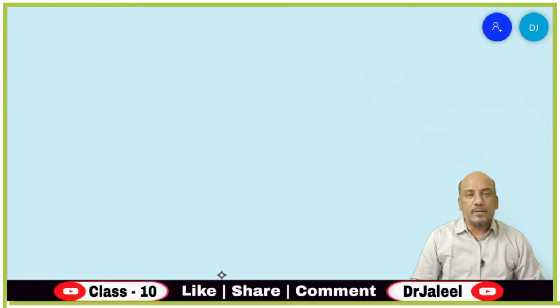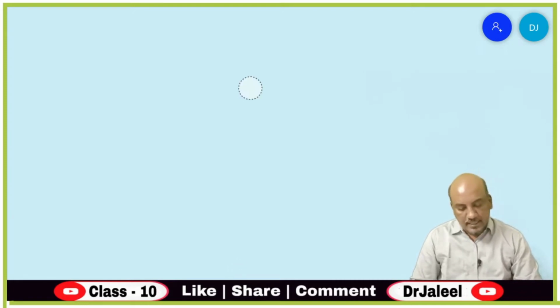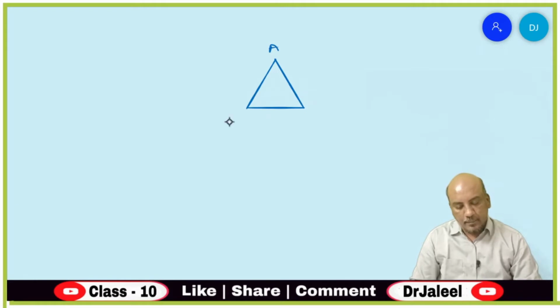Dear students, we are going to derive the formula of area of a triangle in coordinate geometry of class 10th. First, let us understand what this formula is. Suppose we take a triangle ABC, whose vertices are (x1, y1), (x2, y2) and (x3, y3).